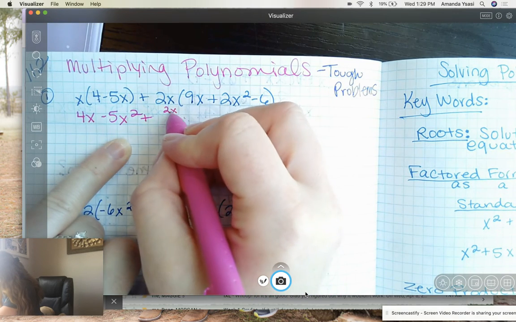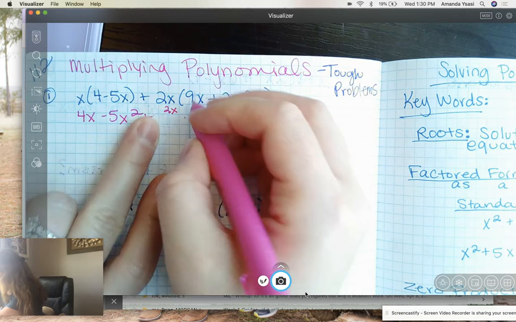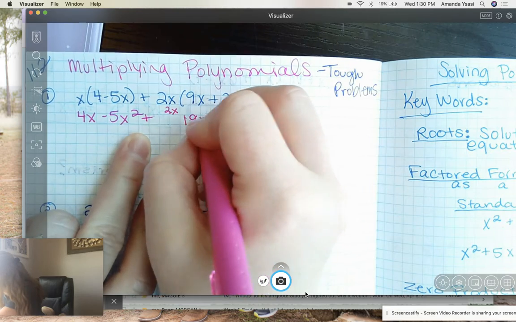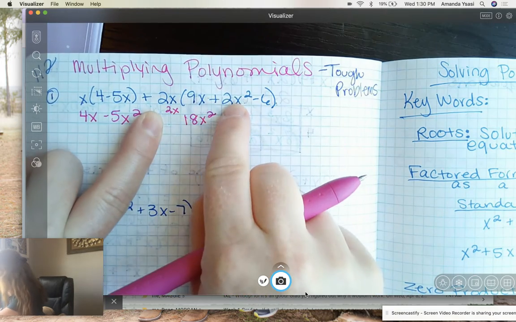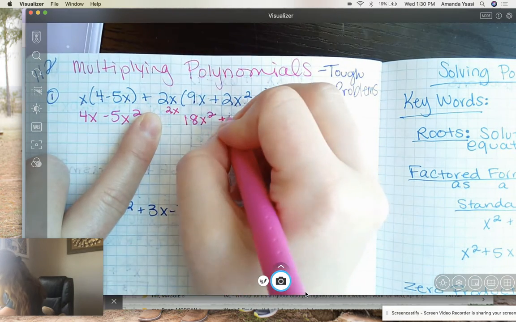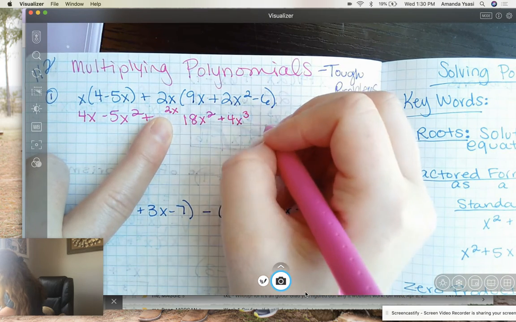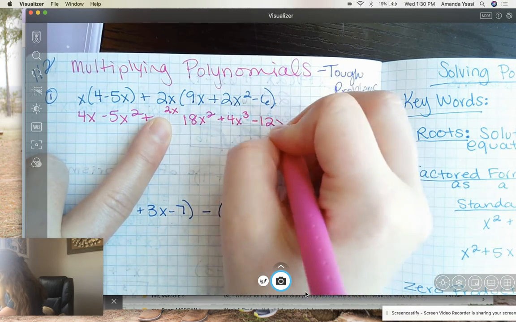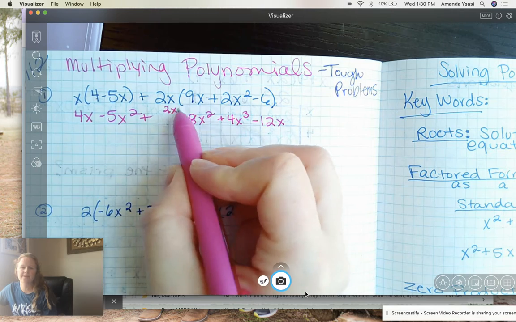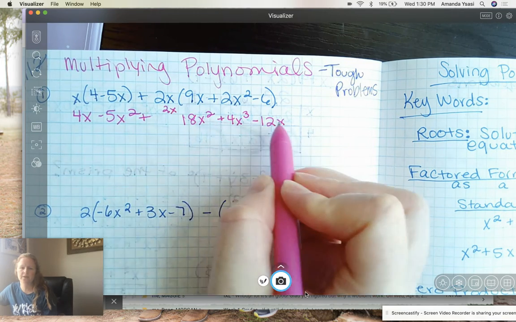So 9x times 2x is 18x squared. 2x times 2x squared is a 4x cubed. And a 2x times a negative 6 is a negative 12x. So I just multiplied this times each one of these and I wrote them here.